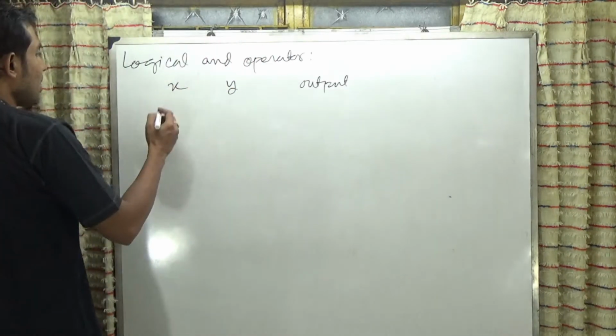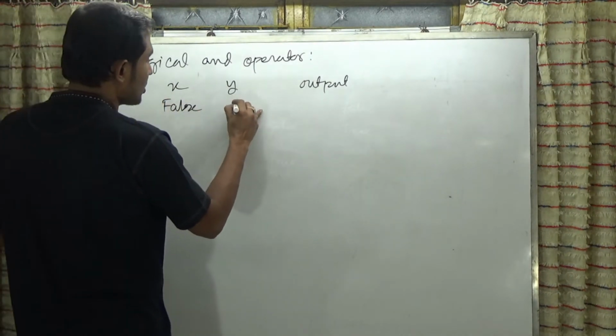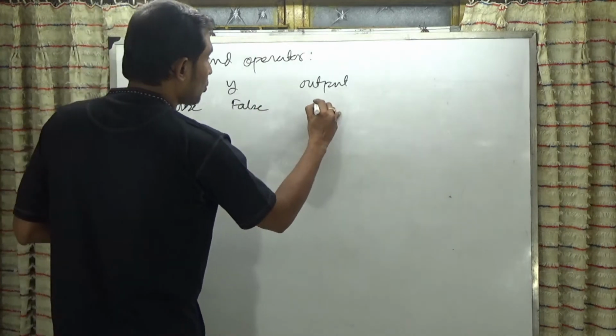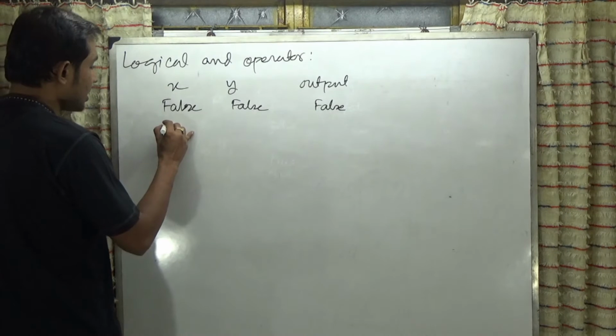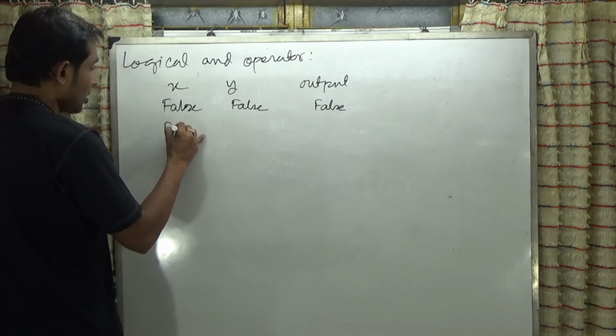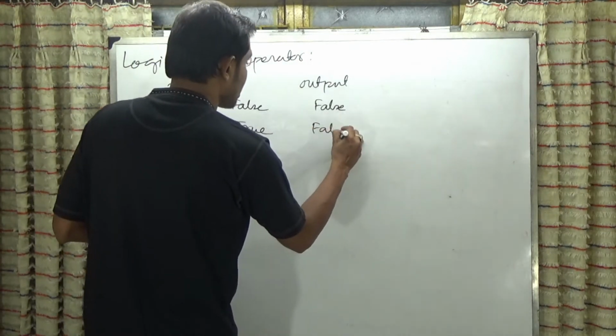So if x is false and y is false, the output is false. If x is false and y is true, still the output is false.